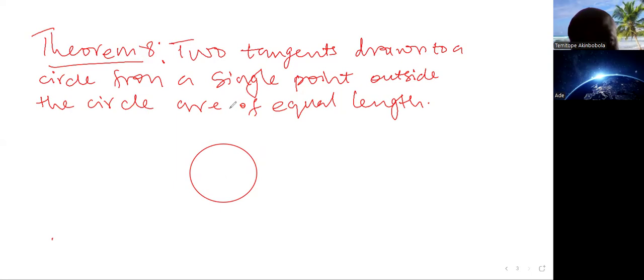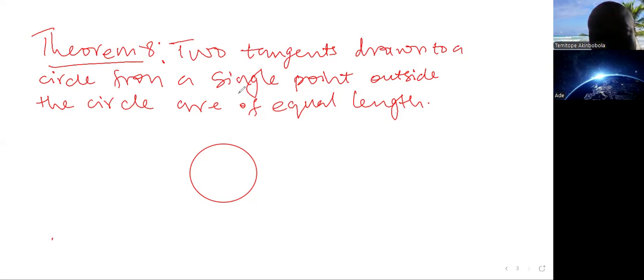No, I mean, how many circle theorems are there? Oh, I think we are going to stop at maybe 10. Maybe 10 or 9, I think. Okay, I think 9. So we are almost through with the theorems.